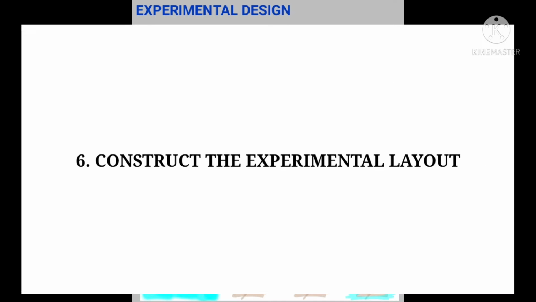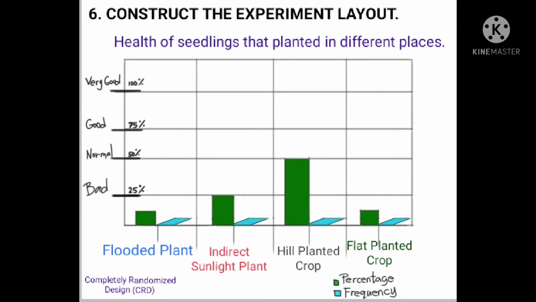Number 6. Construct the experimental layout. Then this is my table: health of seedlings planted in different places. I put 100% for very good, 75% for good, 50% for normal, and 25% for bad.